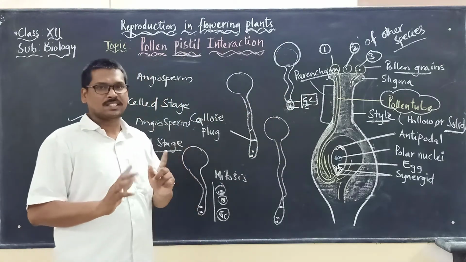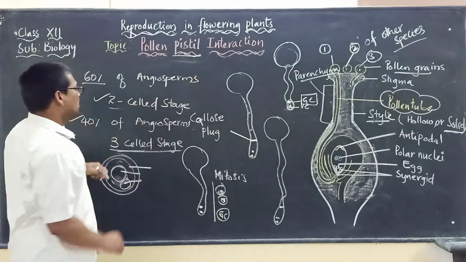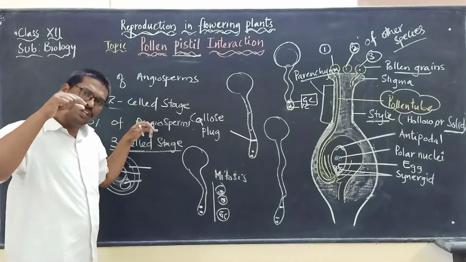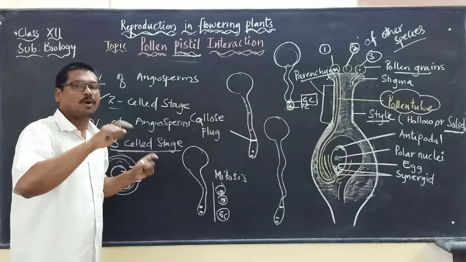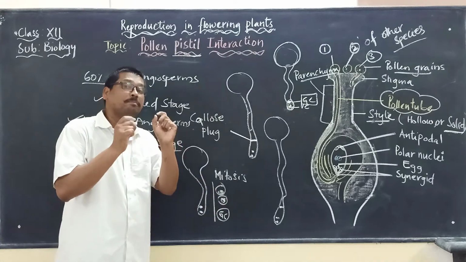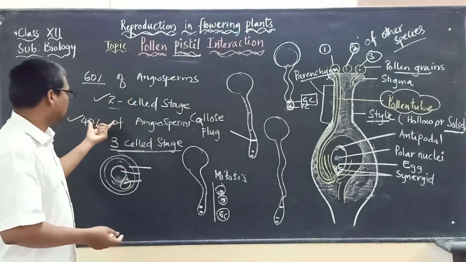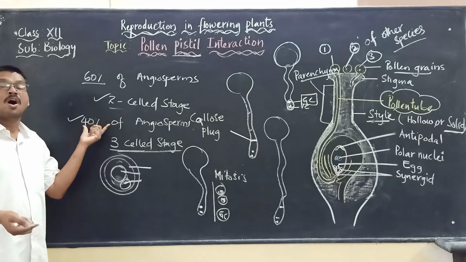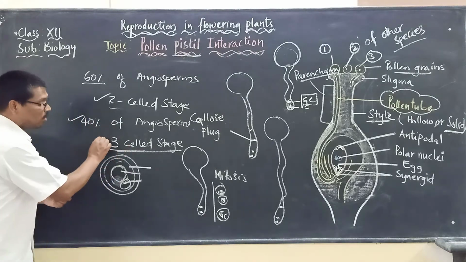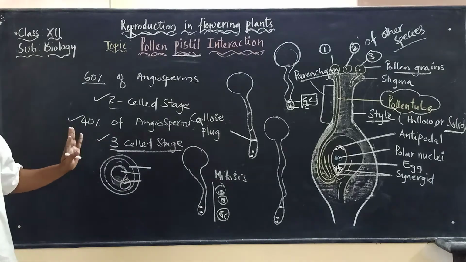But in most cases, 60% of angiosperms release pollen grains at the two-cell stage, and when the pollen tube is formed, the generative cell divides by mitosis and forms two cells. Whereas in the other 40%, the division has already occurred and three cells are already present.